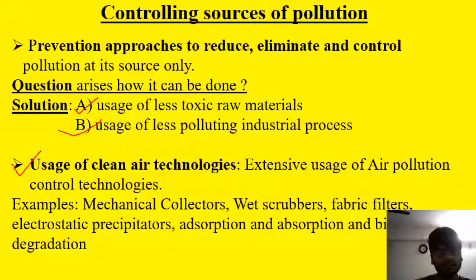There are different technologies and different equipment. Some prime examples are mechanical collectors, wet scrubbers, fabric filters, the electrostatic precipitator, phenomena such as adsorption and absorption, which is also a chemical process, and biological degradation, like degradation by anaerobic bacteria.